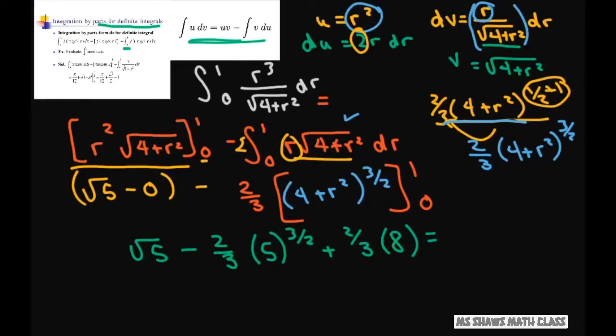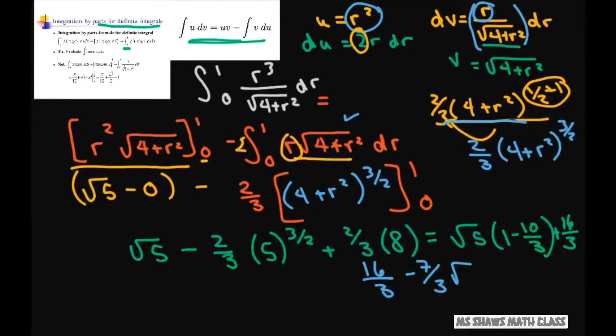This is going to give you the square root of 5 times 1 minus 10/3, plus 16/3. And finally, when you simplify this, you'll get 16/3 minus 7/3 square root of 5.